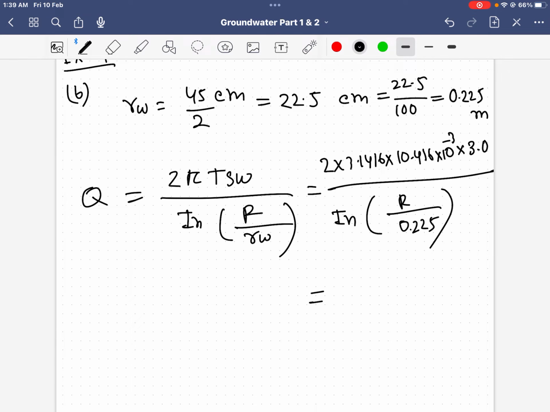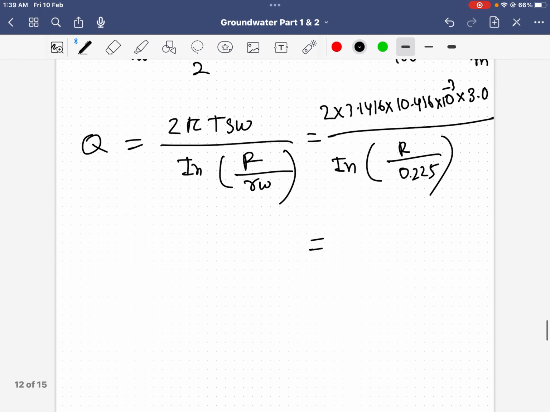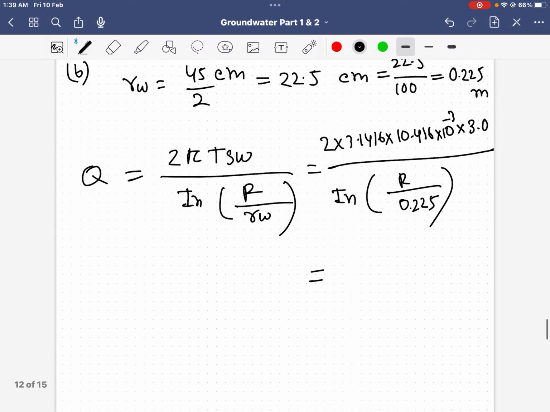If I calculate it, I will get 0.0272. Let me erase this because I haven't written the R value.